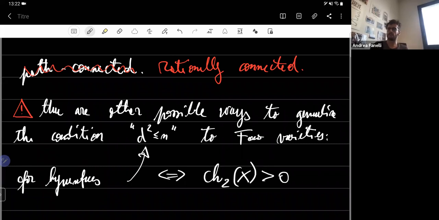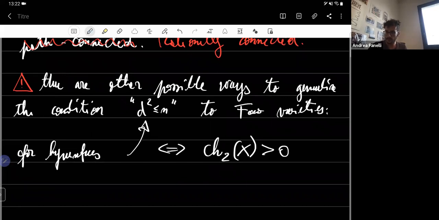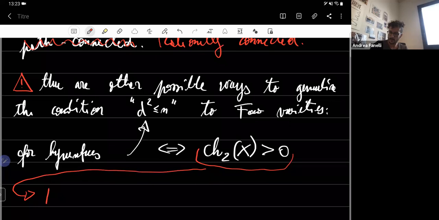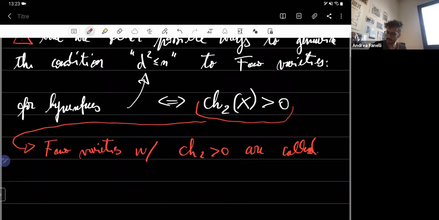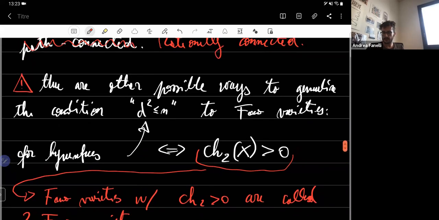You could take this as a generalization to Fano varieties of the condition d squared less or equal than n. But here you come up with another notion, which people call in the literature two-Fano varieties. Fano varieties with the second Chern character positive are called two-Fano varieties. There is also the notion of higher Fano varieties, but I will not discuss this. This is just to tell you that you can come up with other generalizations, which a priori are not equivalent. Actually, they're not equivalent to rationally simply connectedness.